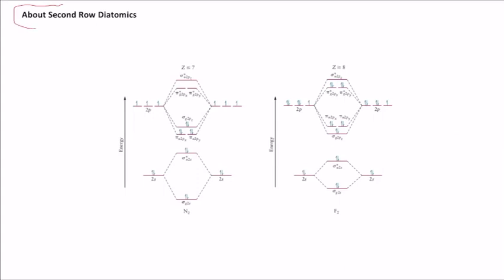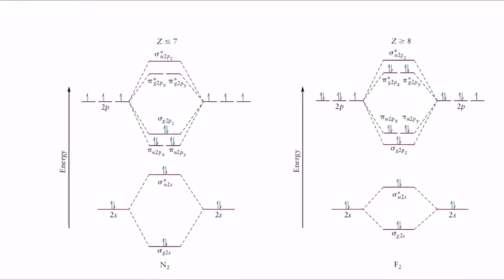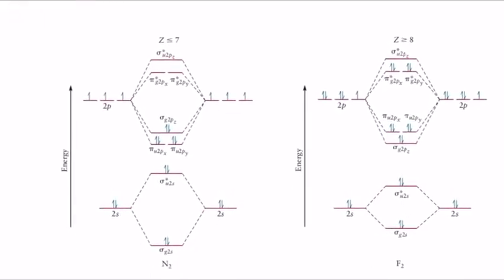What is going to happen as we go to second row diatomics? Well, in this case, we see that from H2 plus all the way to nitrogen 2, we're going to see this arrangement, okay? Now, you may ask, what happened to the 1s? Are they going to form sigma g 1s as well?